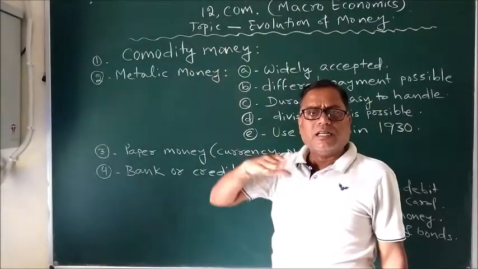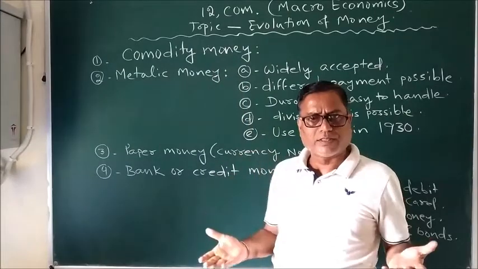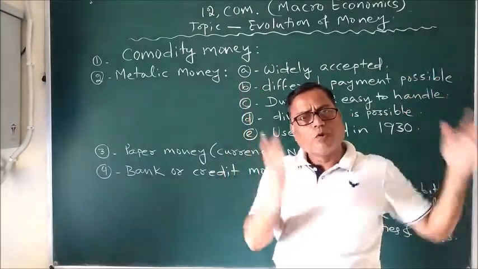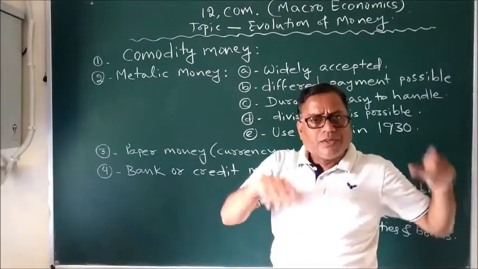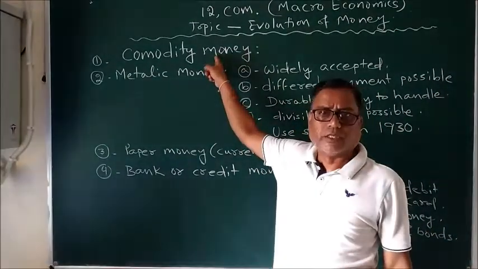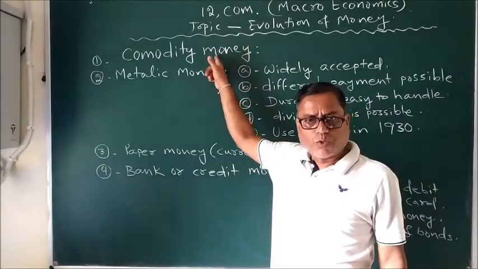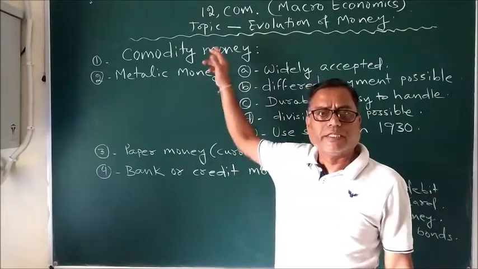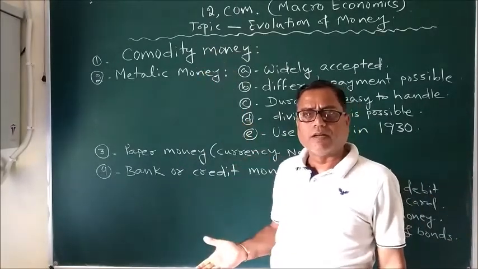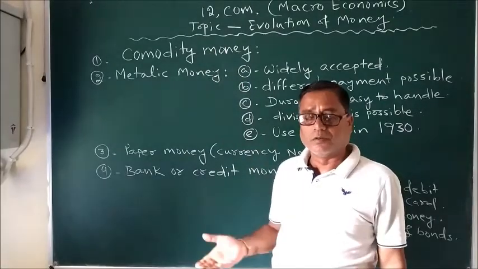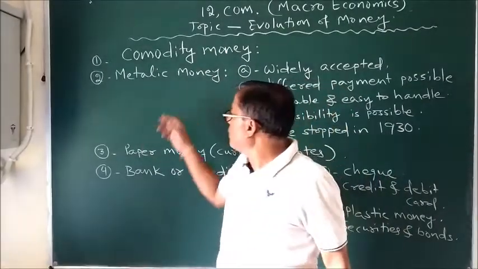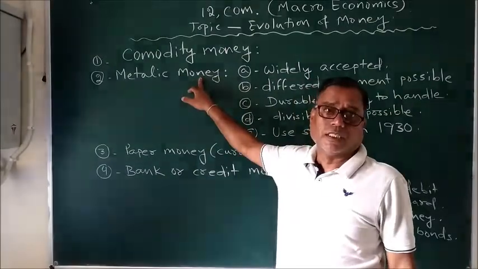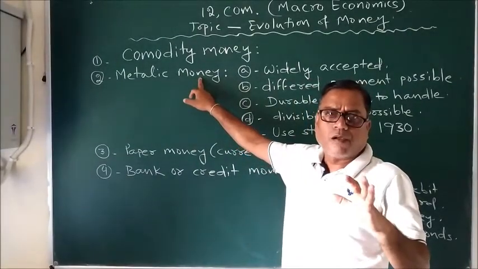But it is a little development from barter system, and many of the problems of barter system still prevailed in commodity money. That's why we needed some better substitute of commodity money, and in that quest, we developed metallic money. Metal, you know.